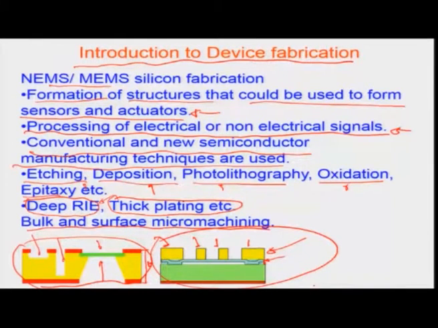And then there are certain techniques which are further used for bringing out structures and features on the surface by adding. The bulk here is not getting sacrificed or machined. So, these are surface micromachining. All additive processes are categorized as surface micromachining, all subtractive processes are categorized as bulk micromachining.